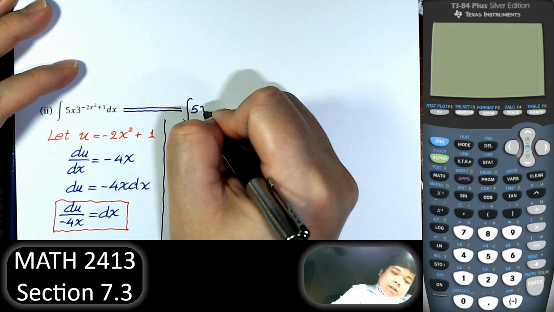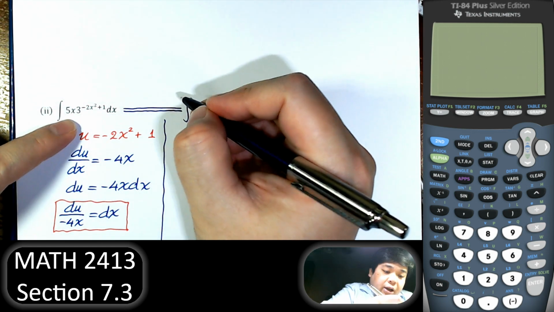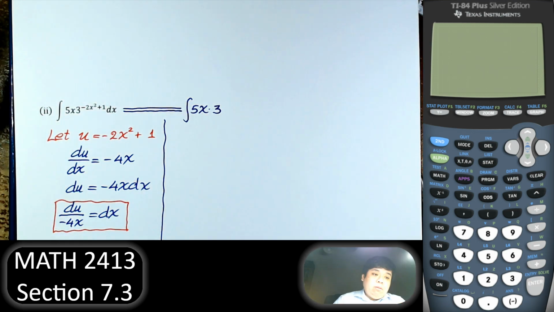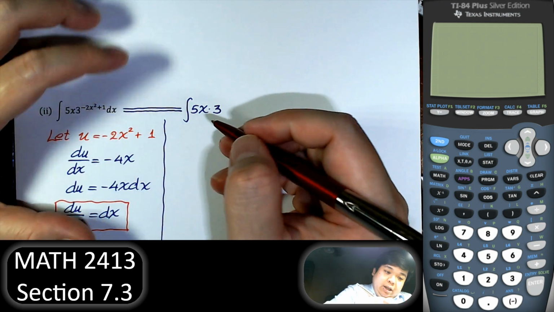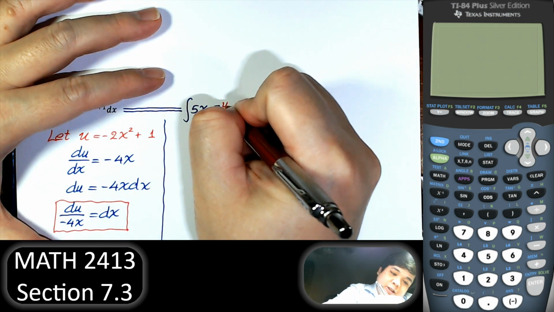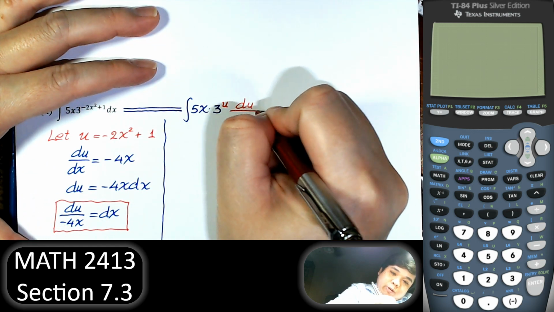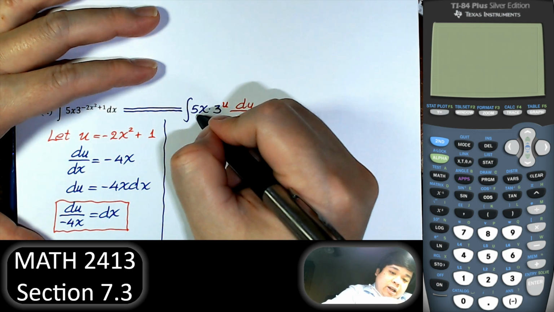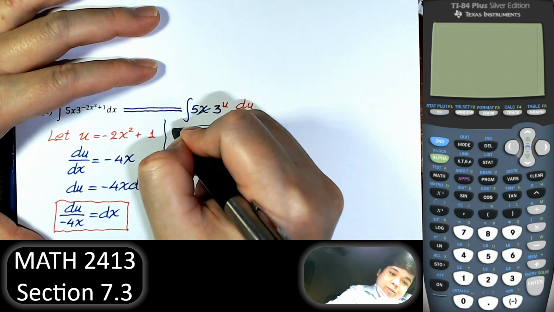5x is still there, and then 3 to the negative 2x squared plus 1, which is u, and dx is du over negative 4x. The x and x cancel out. Negative 4 will stay at the bottom.